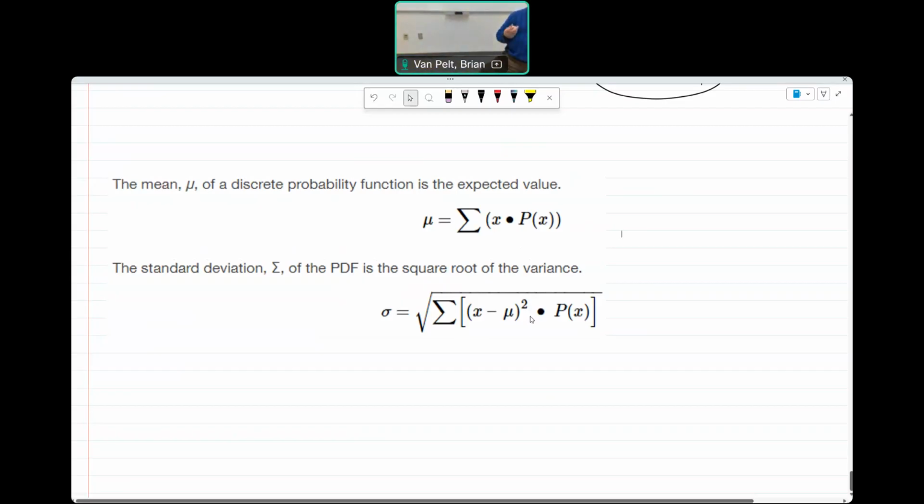These are the two things that we need, the mean and the standard deviation for a probability distribution.